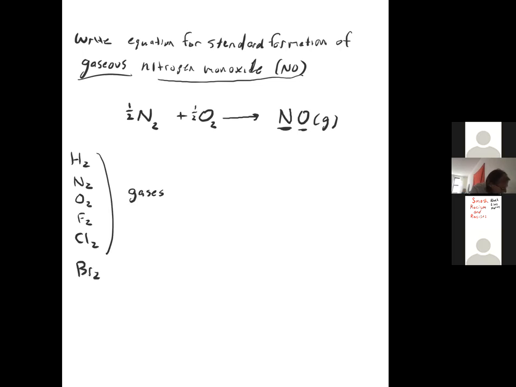Br2 is a liquid. I2 is a solid. Okay? All metals are solids, with one exception, you know that exception, right? It's mercury. Mercury is a liquid. So except for mercury.